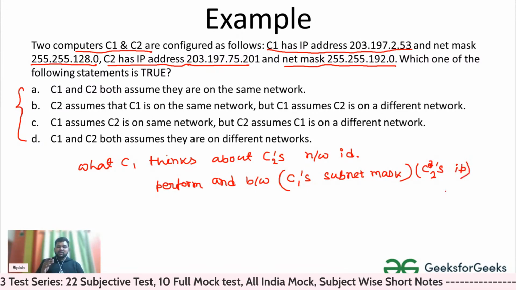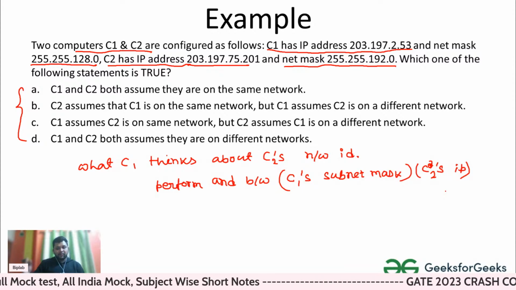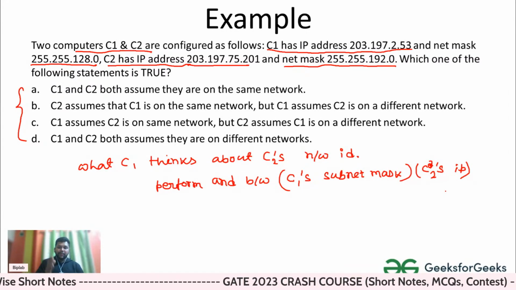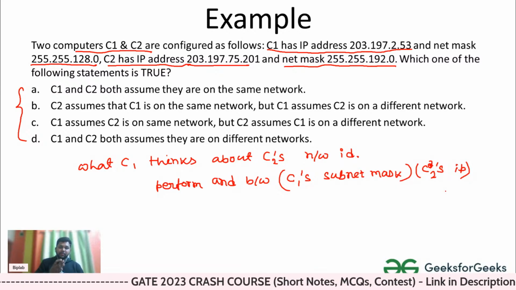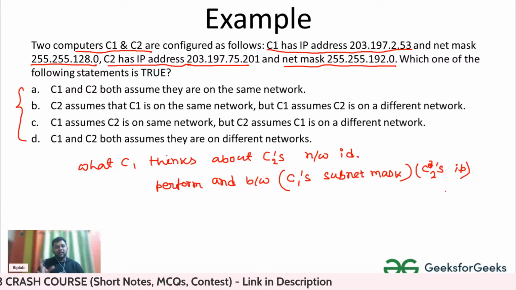C1 has its own subnet mask, and it can perform the AND operation with C2's IP address. When you perform the AND operation between a subnet mask and an IP address, you get the network ID.